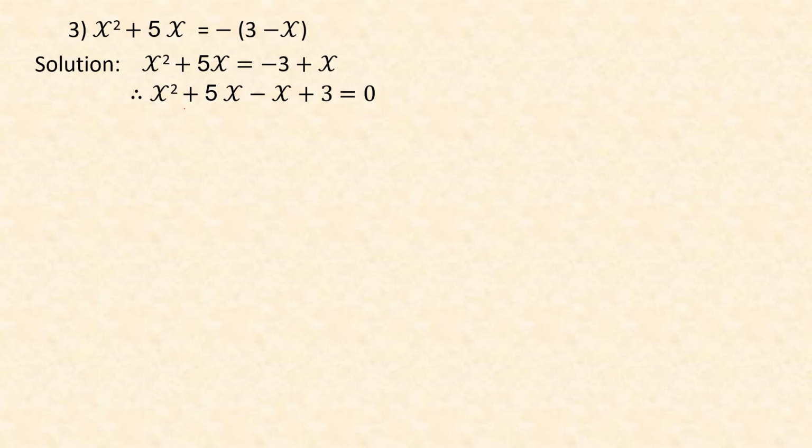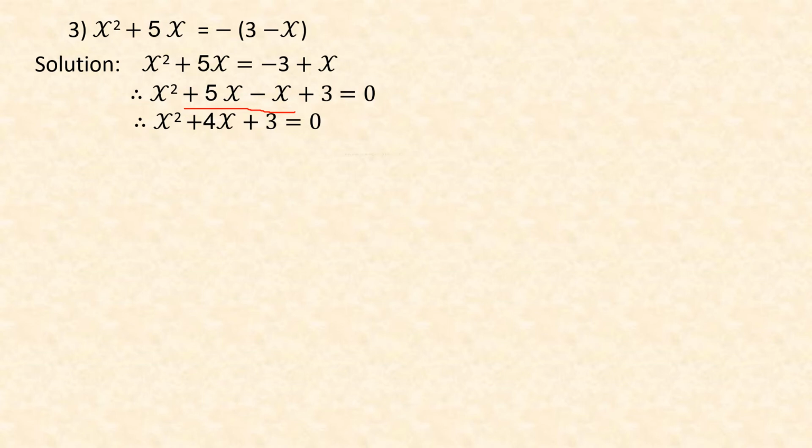Here plus 5x and minus x are like terms. X square plus 4x plus 3. Here 5 minus 1 is equal to 4. Here there is a plus sign before 5, therefore the answer is plus 4x plus 3.